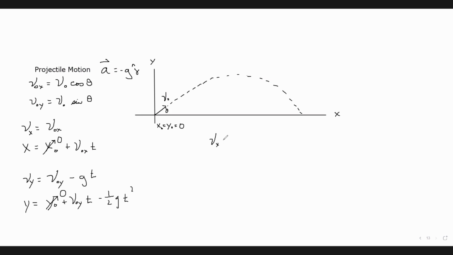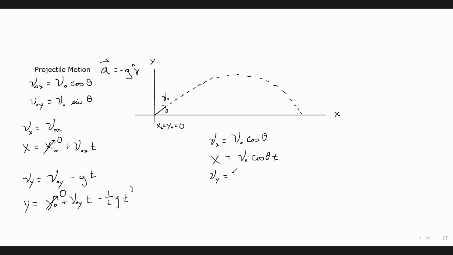So these are my kinematic equations. V in the x direction is equal to v0 cosine theta. X is equal to v0 cosine theta times t.